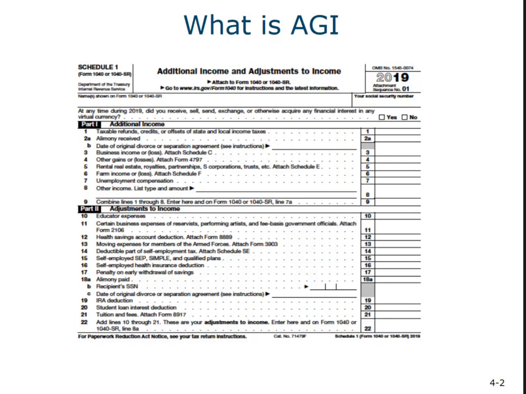We talked about our tax equation earlier in chapter 1 and 2, and the concept of AGI was brought up as important because certain deductions are for AGI and certain other deductions are from AGI.